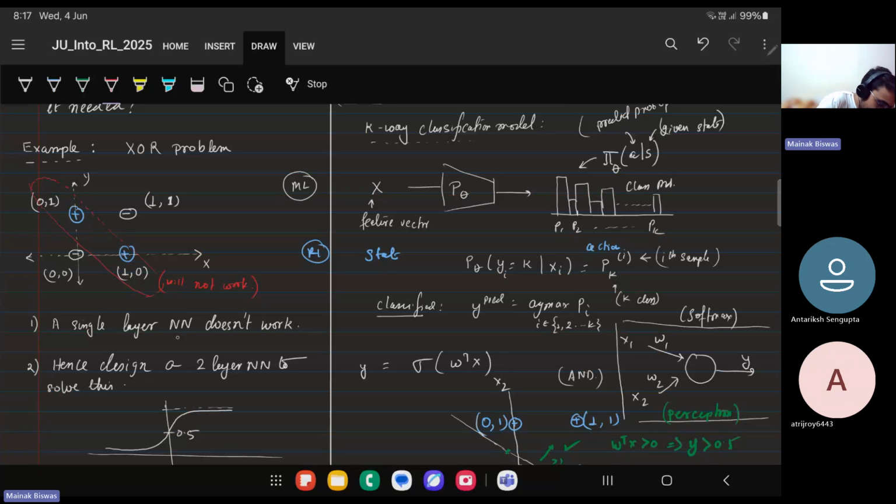So a single layer, or linear perceptron, will create linear functions, as we saw, of the order W transpose X. So it will not work.